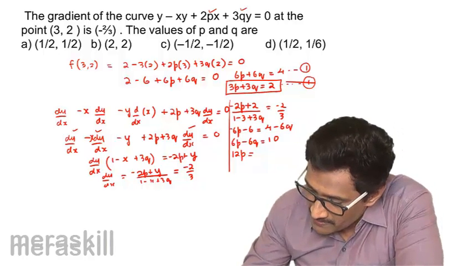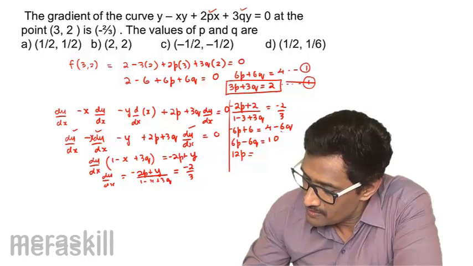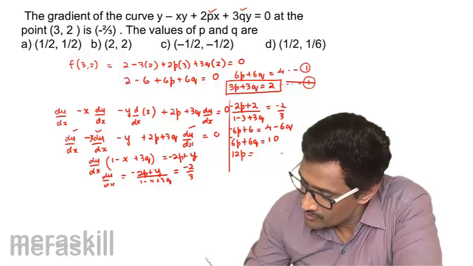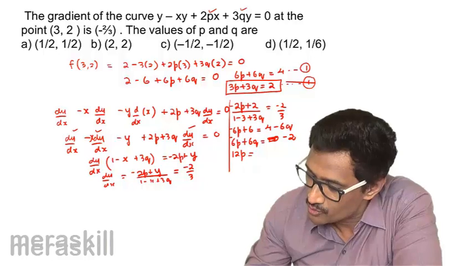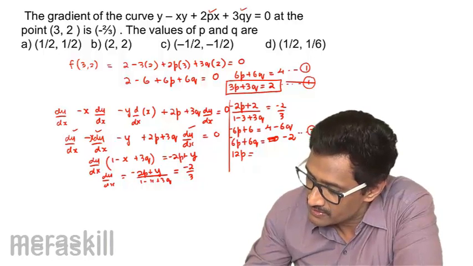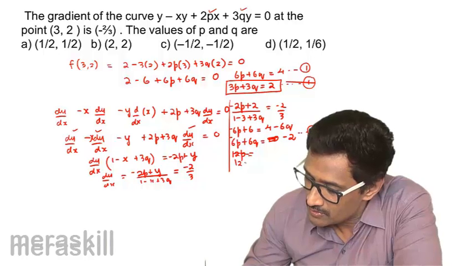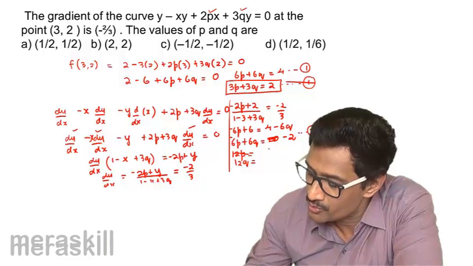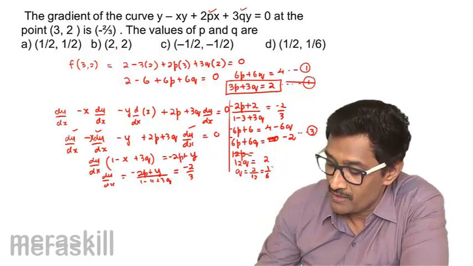So it's going to be minus 6p plus 6. So it's going to be minus 6p plus 6q is equal to 4 minus 6 minus 2. When you add the two, you get 12q is 4 minus 2, that is 2. So q is 2 by 12, that is 1 by 6.